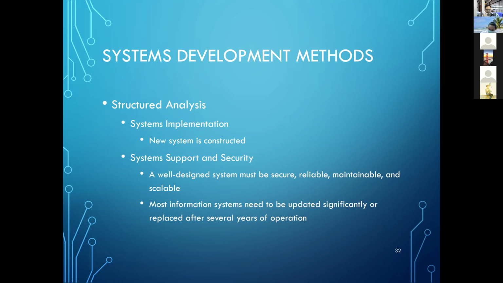Bear in mind that sometimes the system analyst is a different person from the programmer. So the system analyst will pass the design documentation to the programmer, and the programmer will develop the program to match with what the system analyst needs.